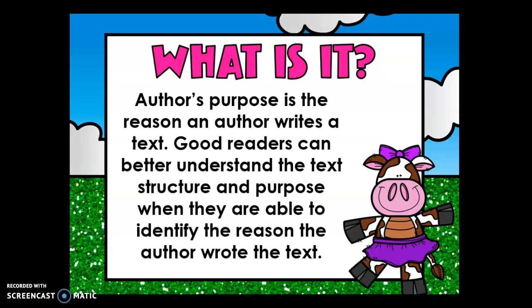What else do we have? Problem and solution and sequencing. So those are the text structures that they're referring to. So if we understand author's purpose and text structures, then we can get a really good understanding of what that text is telling us.